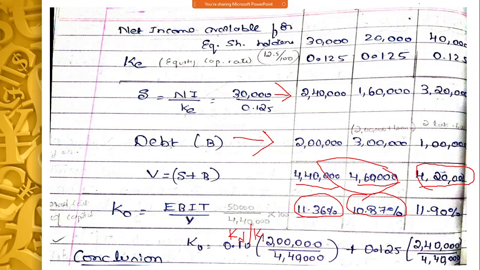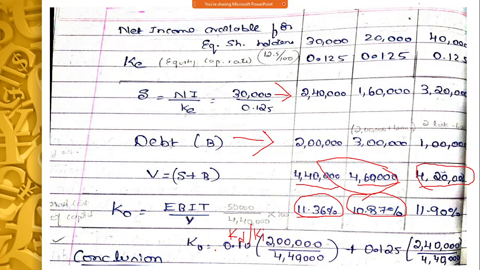You have the value of the debt, that is 2 lakh for the first scenario, 3 lakh for the second scenario and 1 lakh for the third scenario. And you will have the value of the firm also, which you have calculated to be 4 lakh 40,000 for the first scenario, 4 lakh 60,000 for the second and 4 lakh 20,000 for the third scenario.